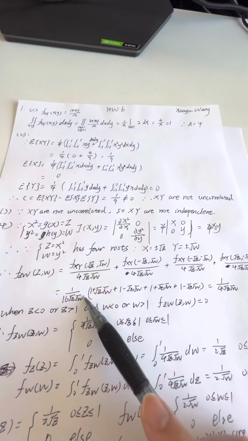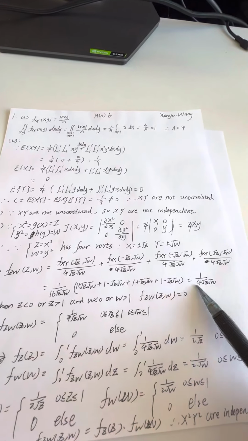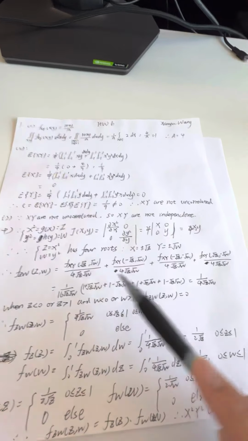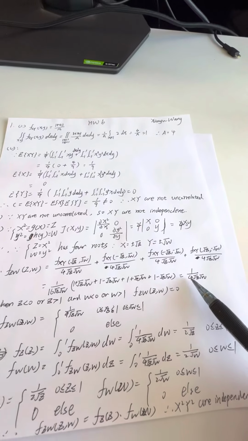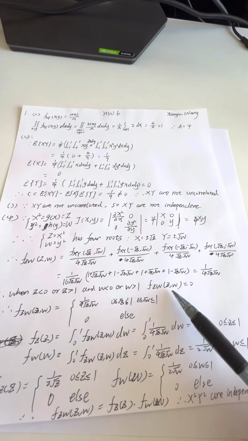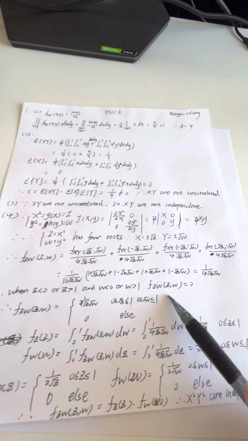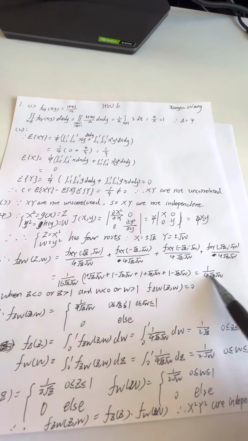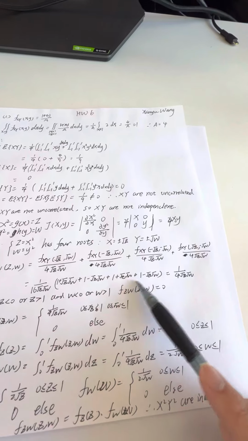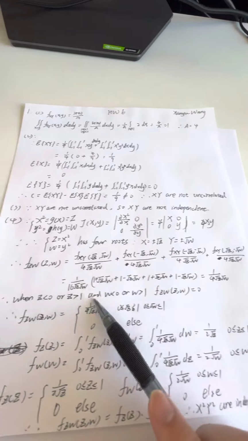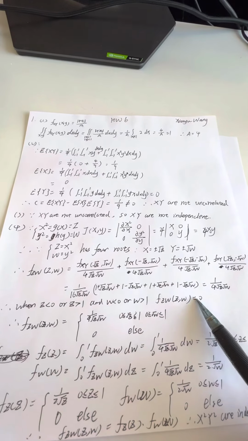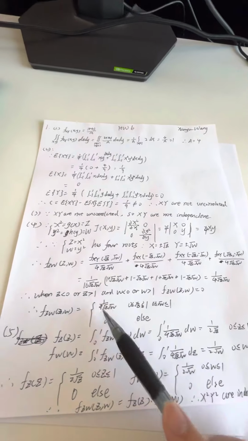From the slides we get the final result. It is a joint function of z and w, that is also the joint density function of x squared and y squared. And we also notice that this function holds under some conditions, and in other cases this function equals 0. So here is the final result.